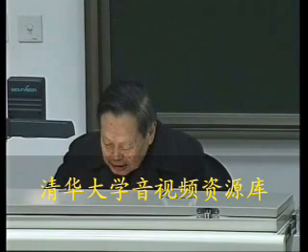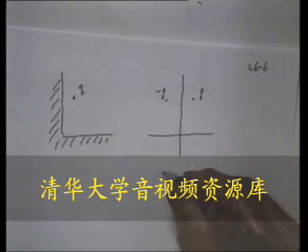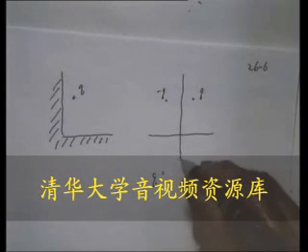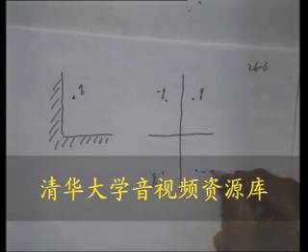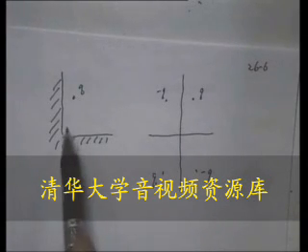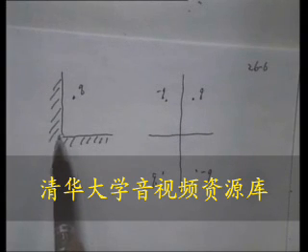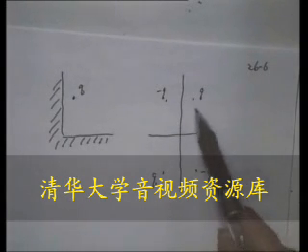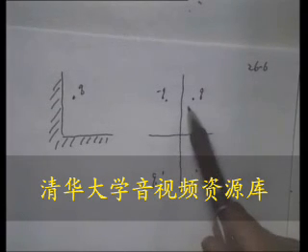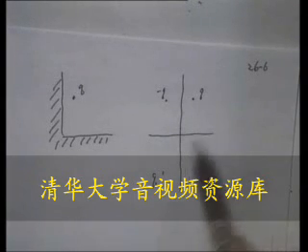I have said what you do is this is Q, you put the image here minus Q, you put the image here positive Q, you put the image here minus Q. The electric field outside of the conductor, the method of image tells you, is equivalent to the electric field produced by these four charges. The original charge plus the three images in this first quadrant.